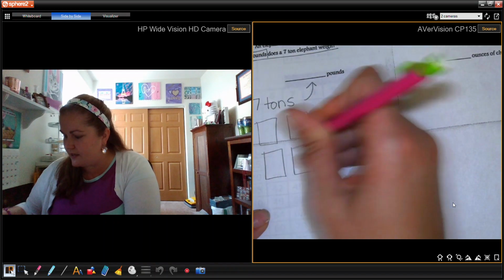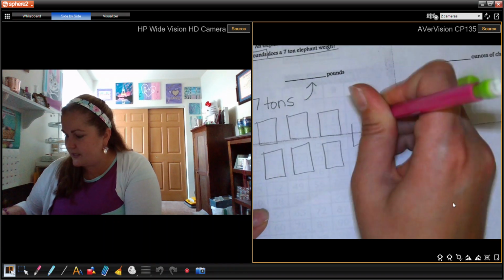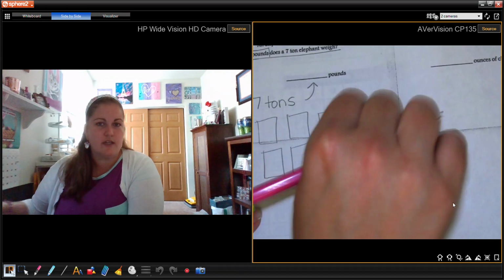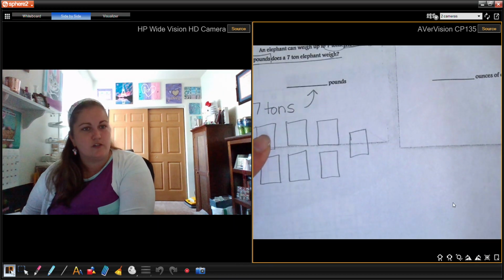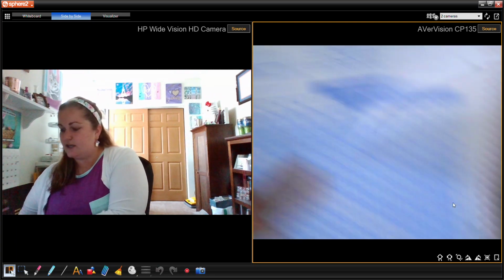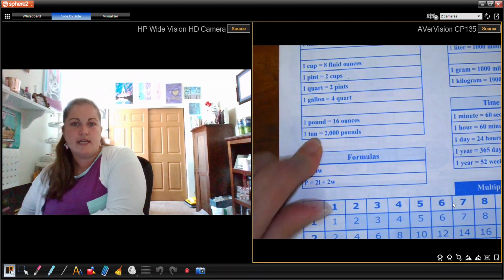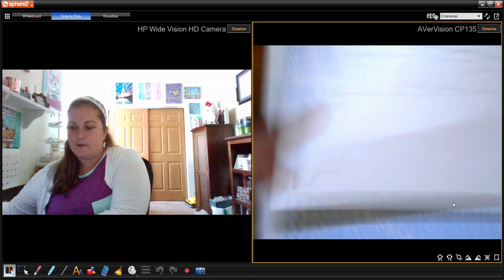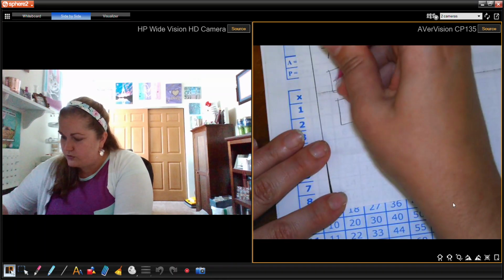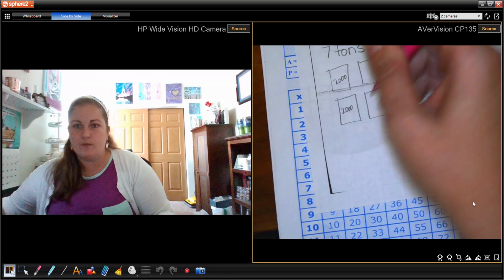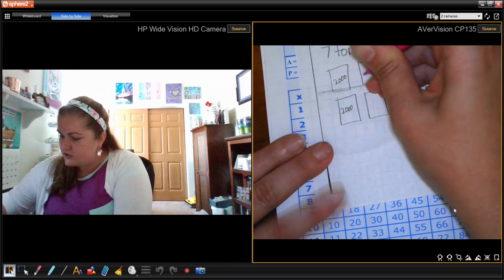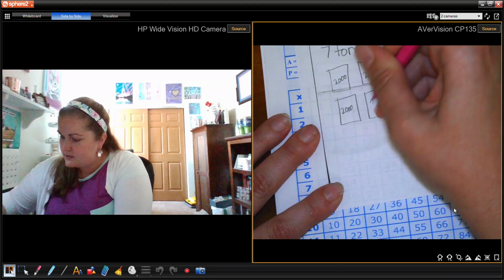There's 7 tons. And I want to change them into pounds. And that's where I would go to my conversion sheet. One of these pounds, I have to know what it's worth. Okay, and I could go and look. 1 ton is 2,000 pounds. And so 1 ton, I would write 2,000. Just keep labeling these 2,000.